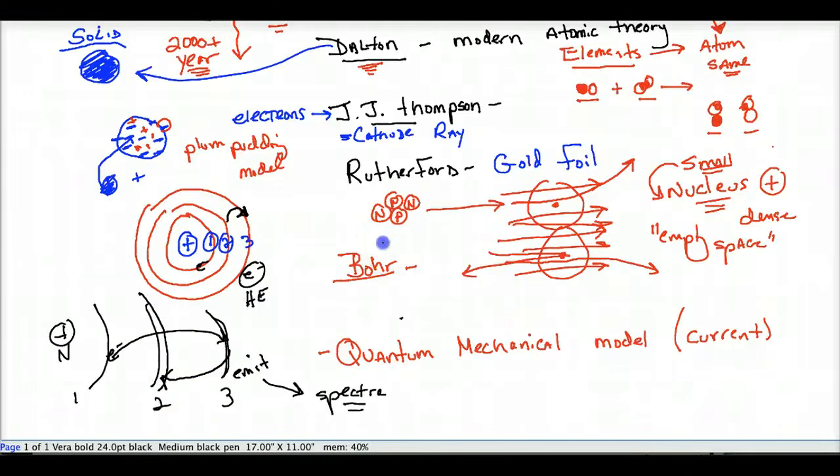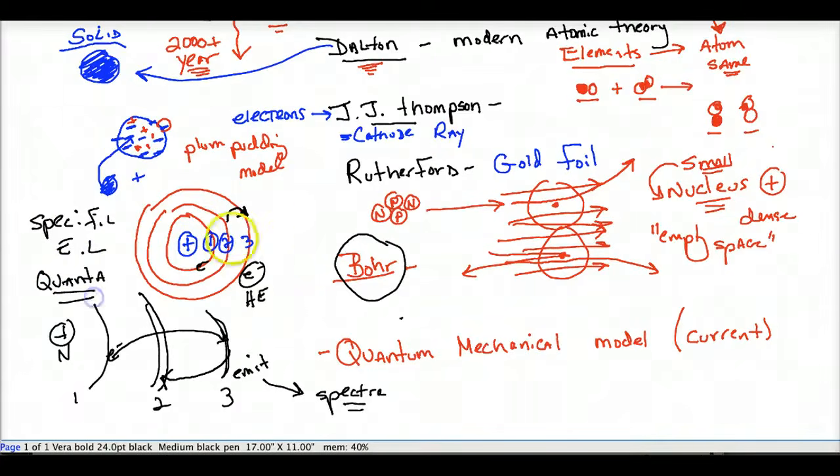So what Bohr did is he took the atom and organized the electrons according to specific energy levels. And these energy levels are called quanta. So he quantized the atom. He organized it and explained for the first time the spectral lines of hydrogen.